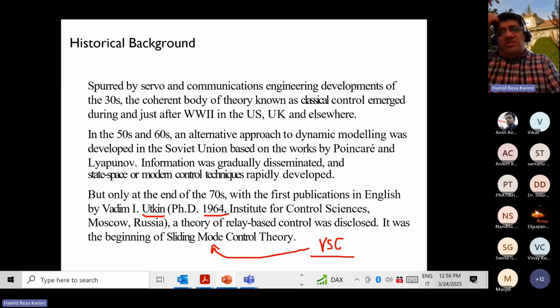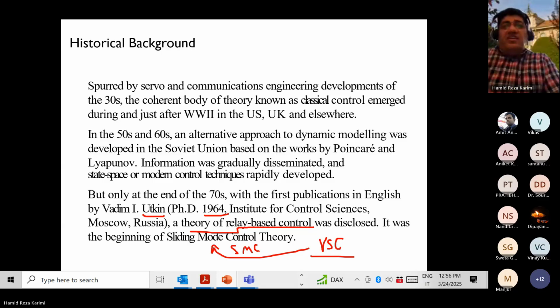He also focused on the theory of relay-based control, and then looked at variations in the system, to come to VSC and then SMC. These are some keywords, originating from the work of the professor.